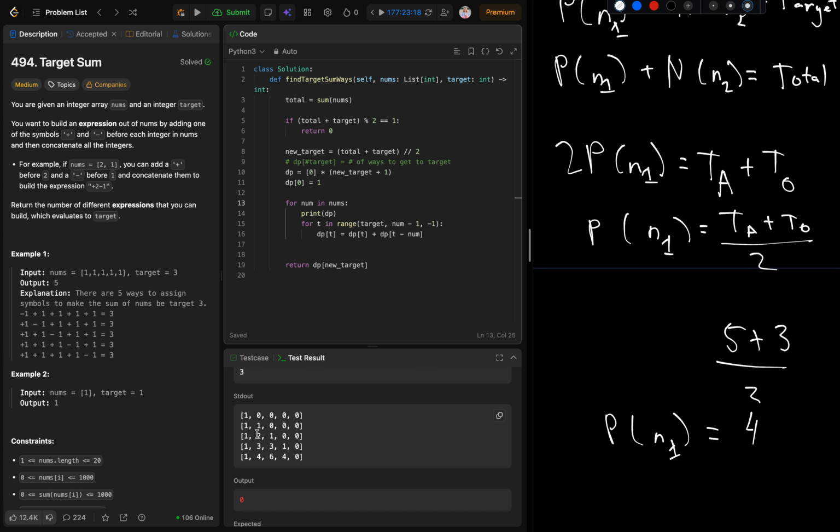So basically what this is saying is on iteration 2, there's two ways to... Oh, wait, no, it's not this, because if the target is 0, there are a lot of ways to get to 0, because you can plus 1, minus 1, right? So I think we need to make a new DP every time. Right, and our new DP of this T, of our target, will be the one from the last.